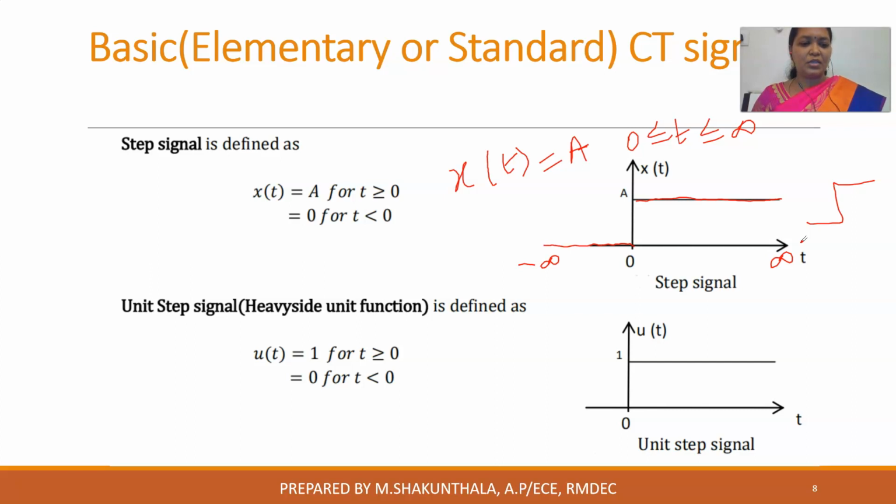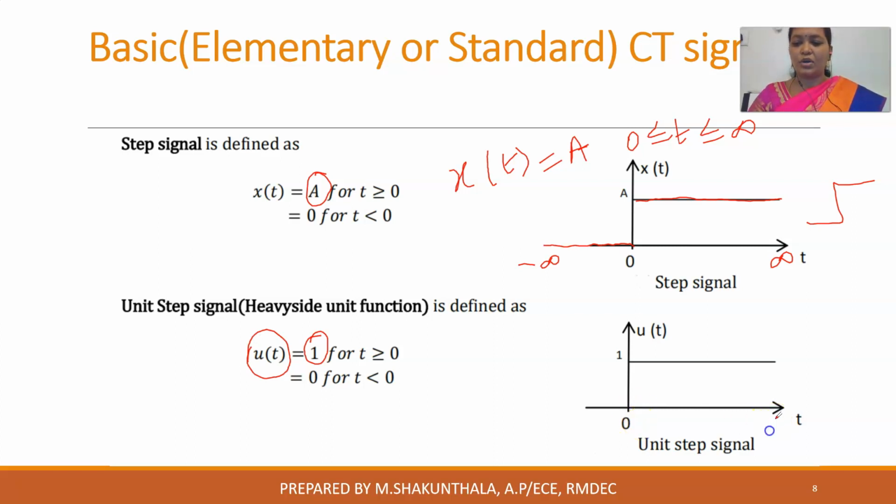And the next signal is the unit step signal, which is also called the Heaviside unit function. Here the amplitude is A. If you take the value of A as 1, then we can denote that particular signal as the unit step signal, which is denoted by u of t. For u of t the amplitude is 1 for t greater than or equal to 0 and 0 for t less than 0.